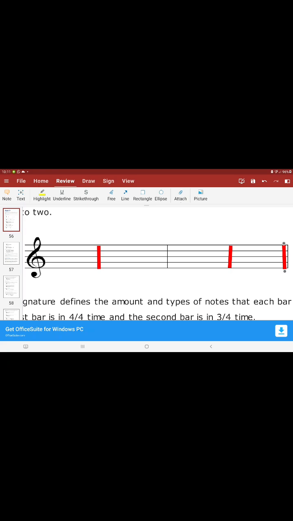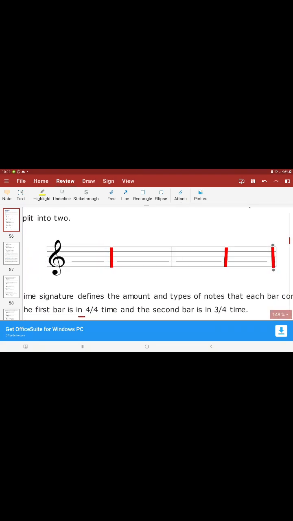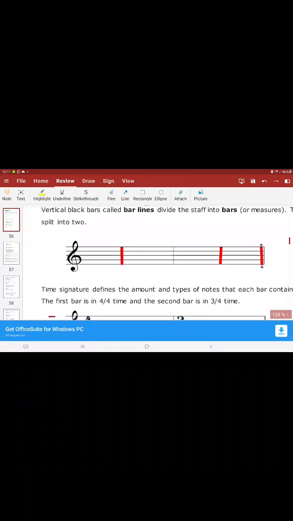So these bar lines help us to divide a music piece into different bars. And each of the bars, except for an incomplete bar, is expected to contain an equal measure of the piece.